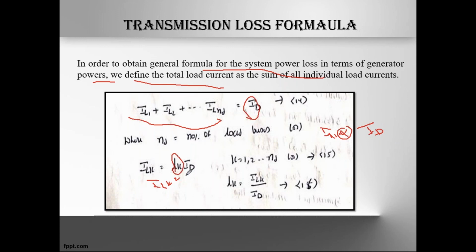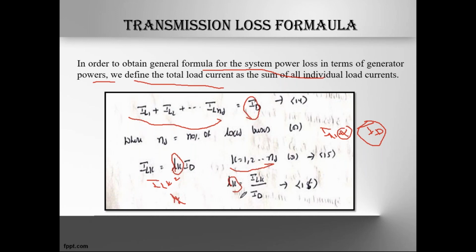That is given by LK. Here K is equal to 1 to n, based on load bus 1, bus 2, bus 3, like that. From this equation, LK can be written in terms of IL. This is the constant value. If you find this LK value, you can get how much variable current is drawn by the load. So LK is a proportional load constant for obtaining the total load current.